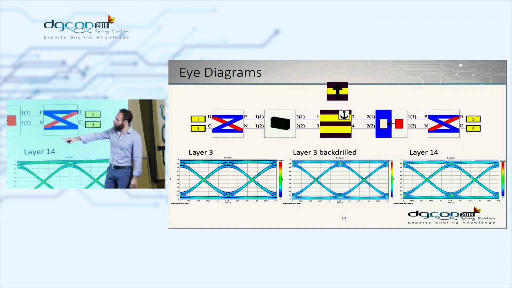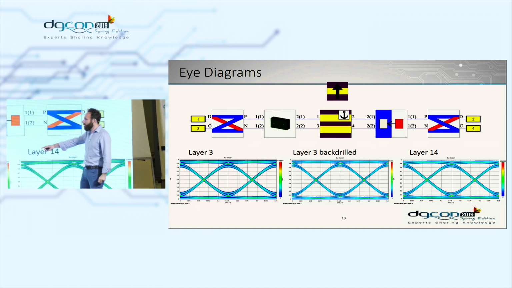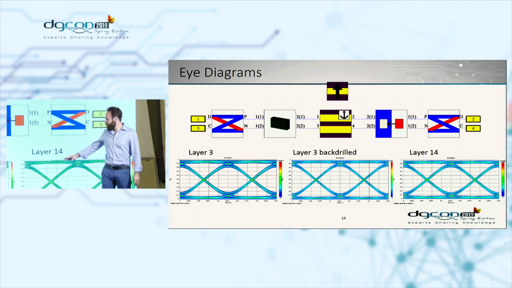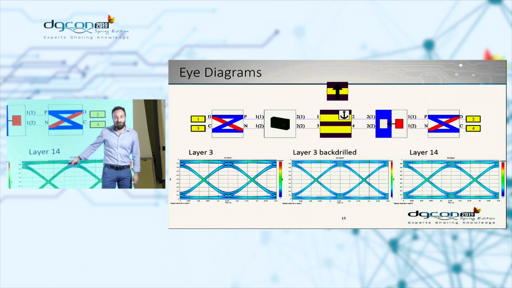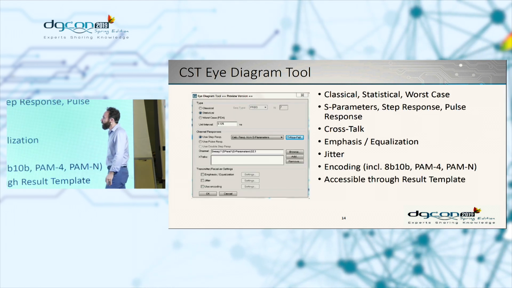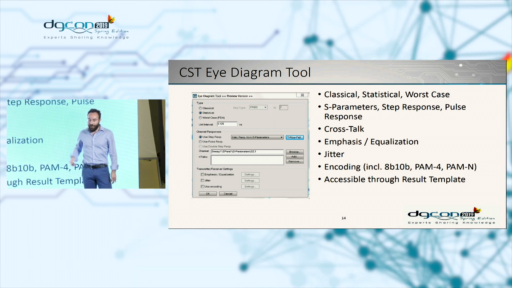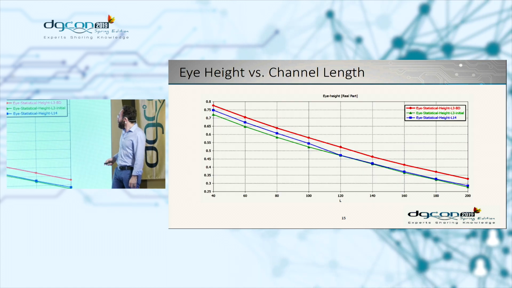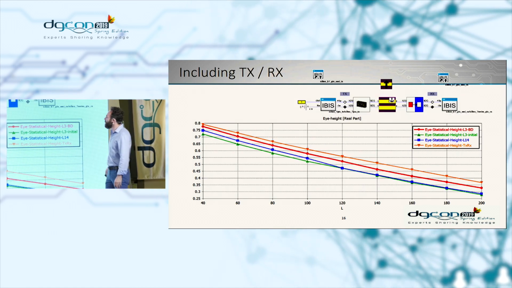Okay, changing the layer or back-drilling the vias more or less has an impact, but it is negligible. More or less, the performance is the same. But what happens if we change something in the geometry? For example, I will move directly to this slide.